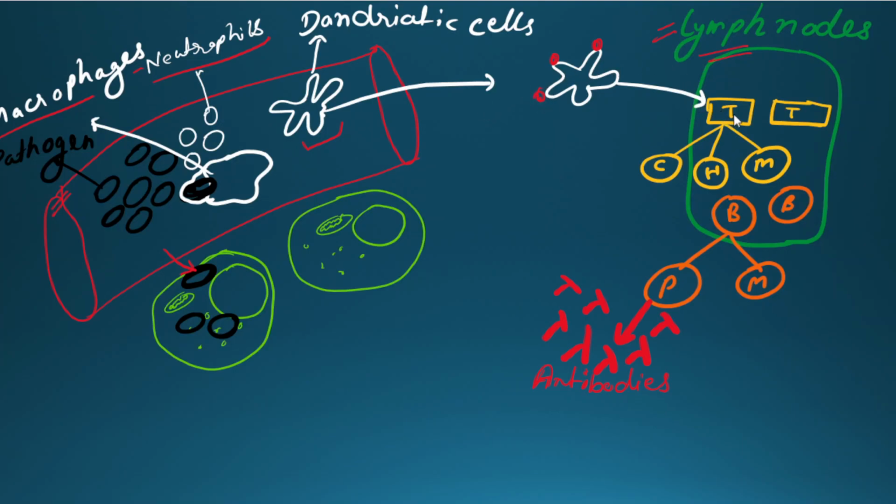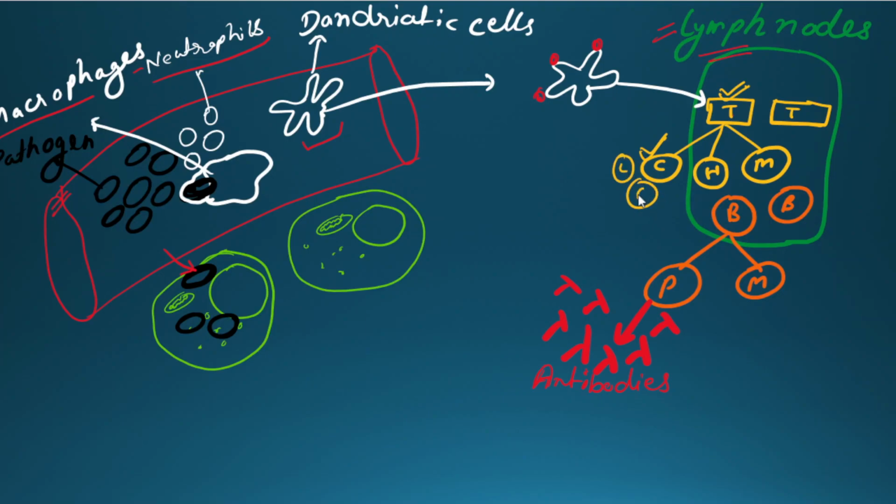There are T lymphocytes and B lymphocytes present in our blood. On the message of dendritic cells, T lymphocytes will be activated and produce various cytotoxic T cells.